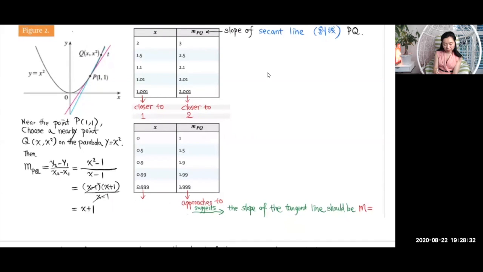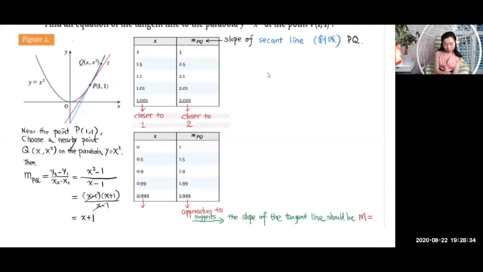You can do this also by picking the Q on the left side of this point P. So here I choose the Q with x coordinate to be 0, and then later on choose a Q with x coordinate to be 0.5, and then 0.9, 0.99, 0.999.